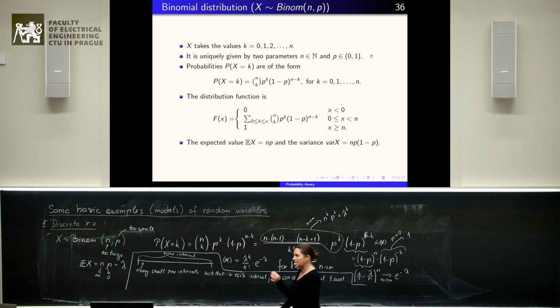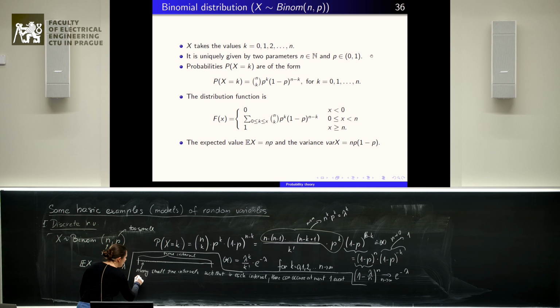Yeah? So the intervals are so small, so short. In fact, in the limit, it is equal to 0, but we cannot consider exactly 0. So we consider so small intervals that in each interval, either 1 or 0 events occur.